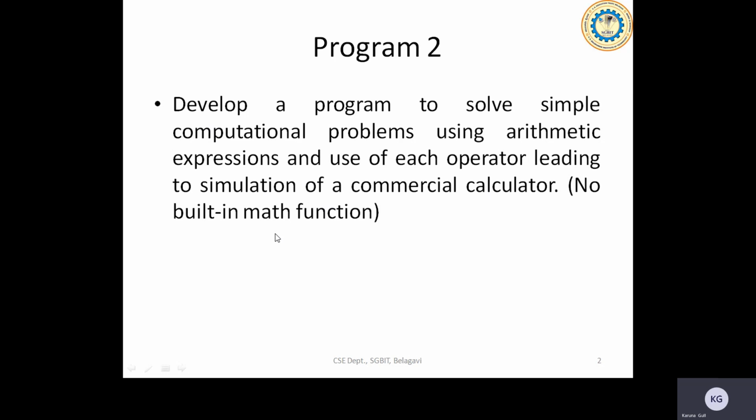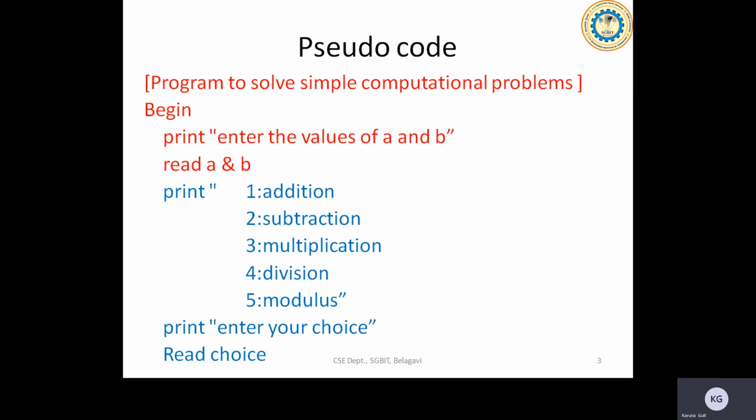So moving to the pseudocode of this particular program. In this case, we are supposed to use the switch statement to do this task. Why are we using the switch statement?